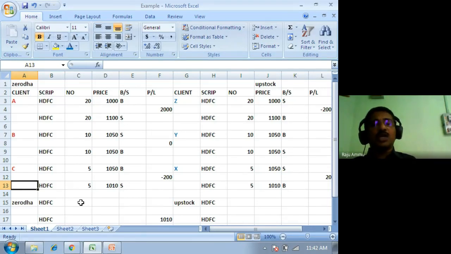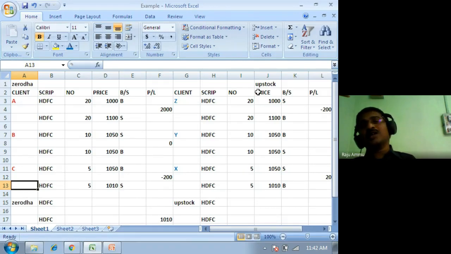They bought 20 shares at one particular price, another 50 shares at another price, another 20 shares at another price, another 100 shares at another price, and at the end of the day they need to sell all those shares. Zerodha has to sell all those shares, isn't it? They may sell at different prices, or at the closing price of the exchange, the weighted average closing price, they may be selling at the same price, friends.